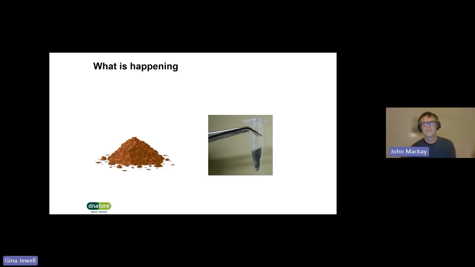So while you may have a paddock, a field that has different topography, and I'll talk about the limitations a bit later, while you may have a paddock that has different features, different topography, different altitudes, etc., the issue is that typically we can only really process a small amount of soil in a single DNA extraction. So next slide.